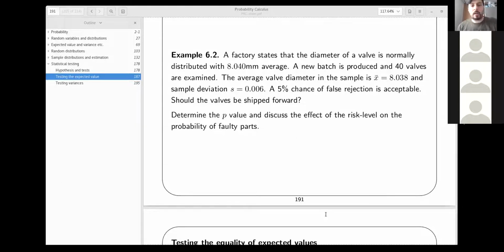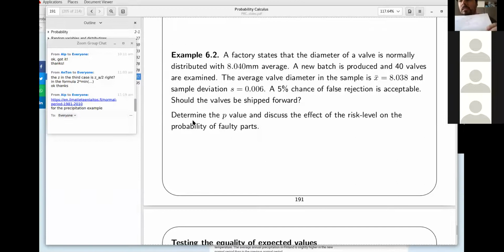As it turns out, I get a t statistic of minus 2.1082. That is my test value, the test t statistic here.